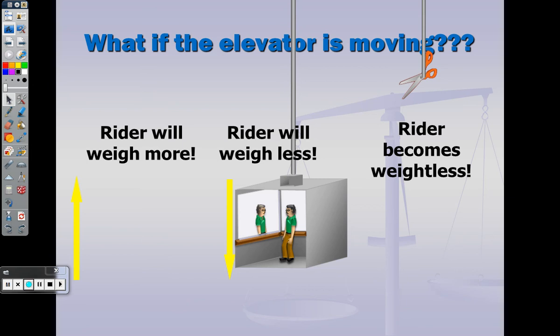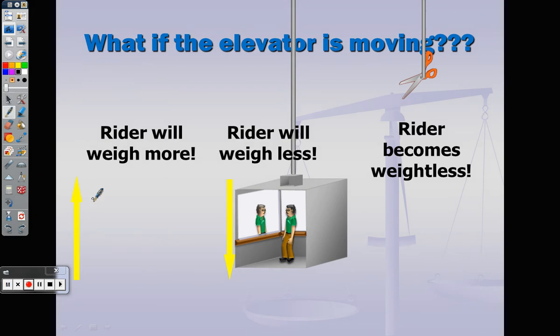You guys heard of the Vomit Comet? Yeah, the airplane that the astronauts train in. What it is, it's a big airplane that they've taken all the seats out of the middle, and it travels like this.